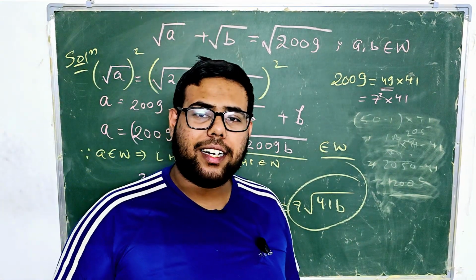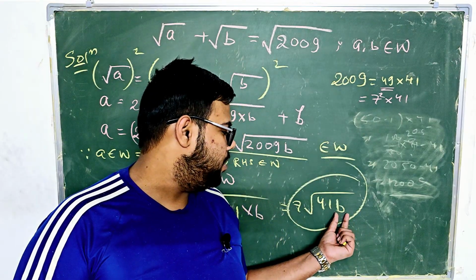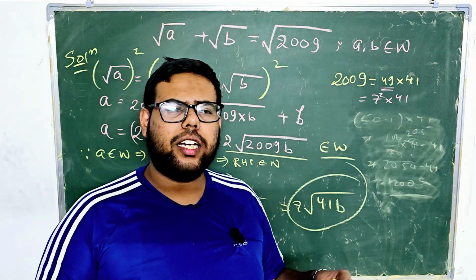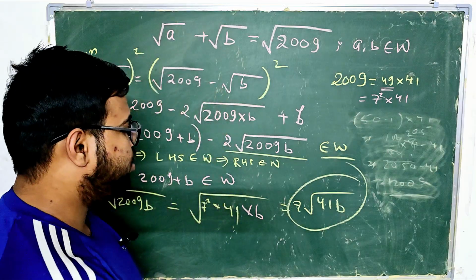Earlier I said that in such problems we establish a relation for the variable which we have to find, in terms of some conditions. What is the condition over here?